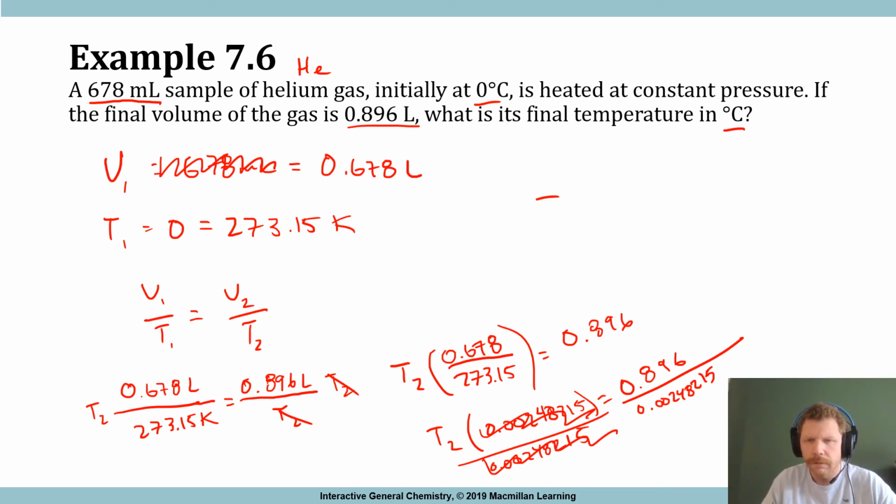T2 is therefore going to be equal to 360.98.